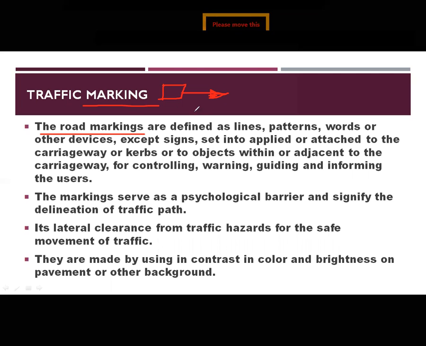So for road markings, we will see the definition. Road markings are defined as lines, patterns, words or other devices, except signs, applied or attached to the carriageway or curb or to objects within or adjacent to the carriageway. All markings are very much related to the carriageway itself.